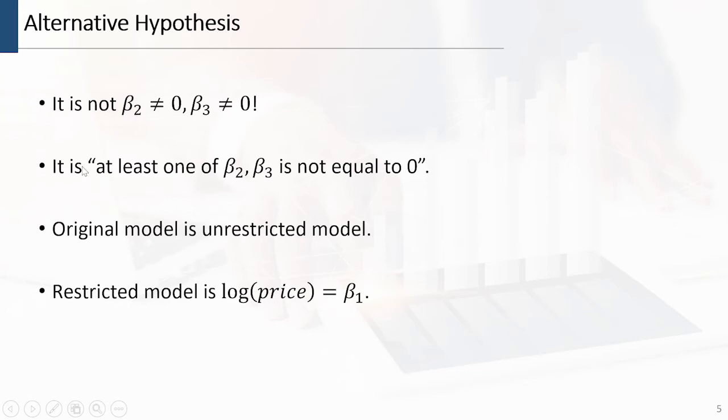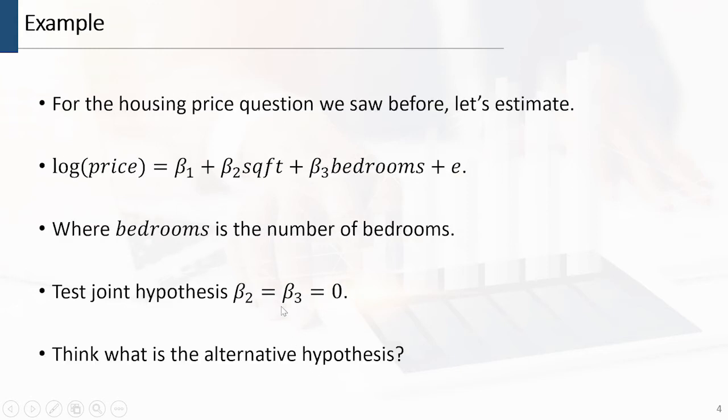The alternative of both beta 2 and beta 3 being 0 is not that both beta 2 and beta 3 are not 0. It should be that at least one of beta 2 and beta 3 is not equal to 0. Basically, when you have a null hypothesis, the alternative hypothesis refers to the case where the null is not true.